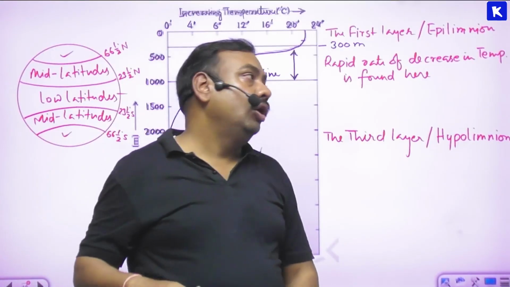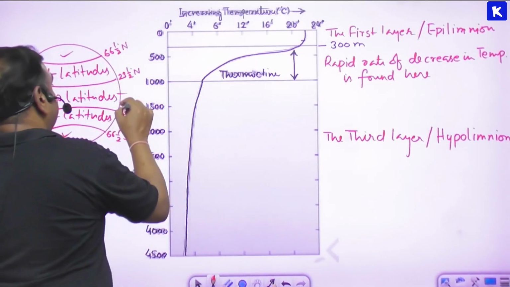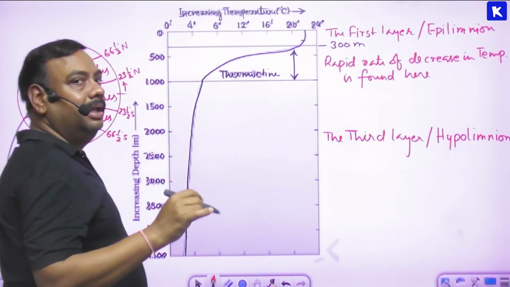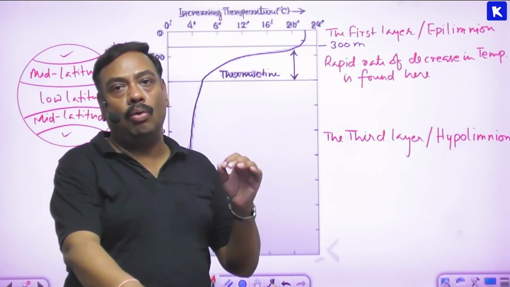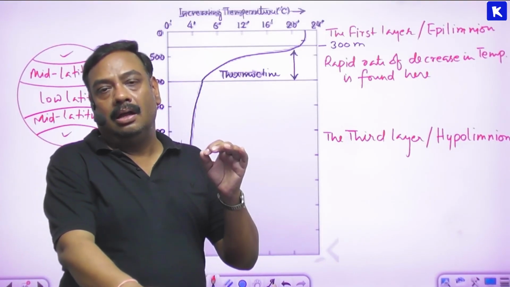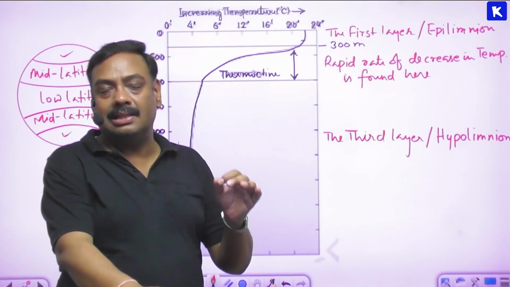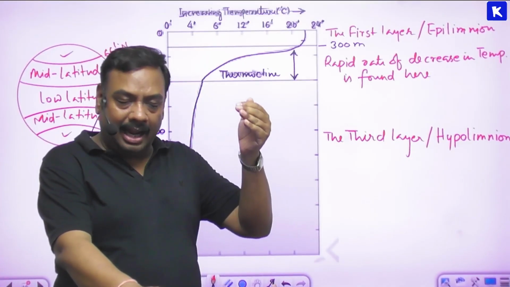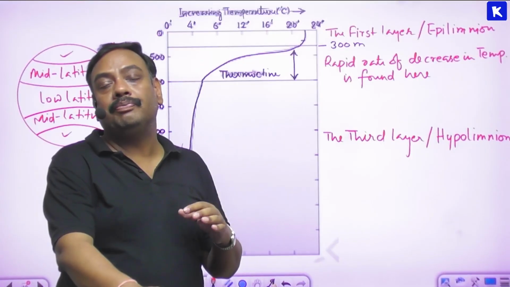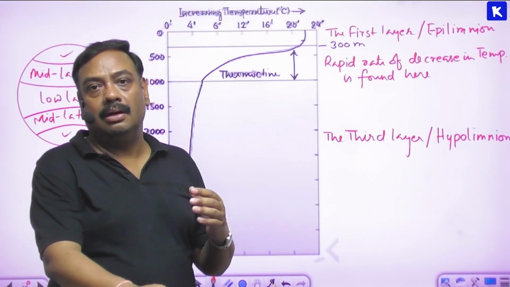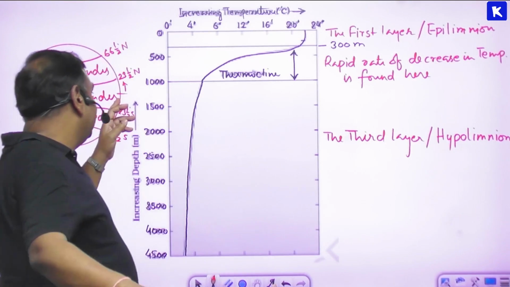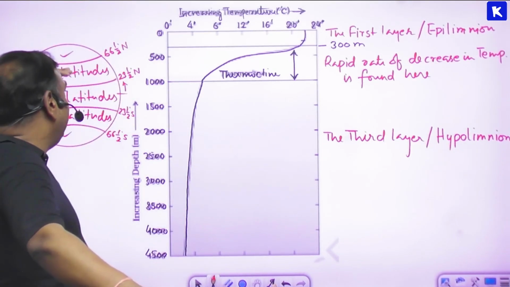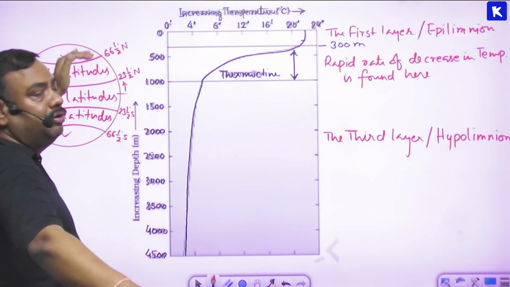Got it? So when the straight rays of solar radiation are moving towards the Tropic of Cancer, and as you know, the straight rays of solar radiation only reach up to the Tropic of Cancer, and then after it they revert towards the equator. When the solar radiations are going towards the Tropic of Cancer, the temperature is getting increased in the mid latitudinal regions too.